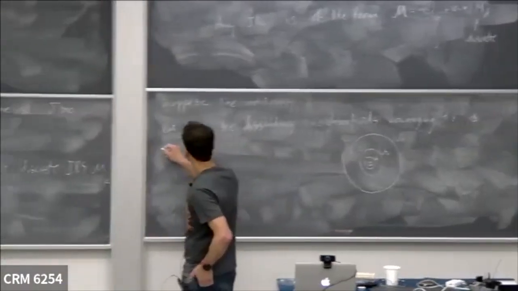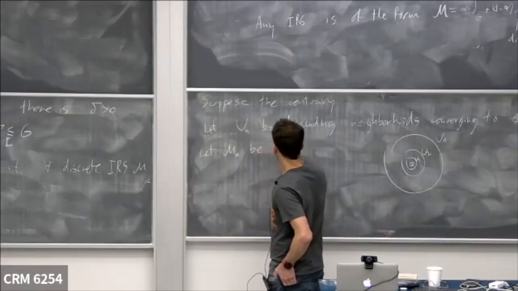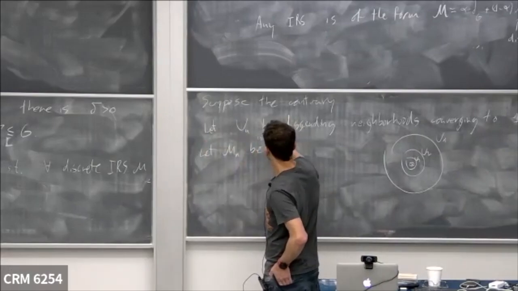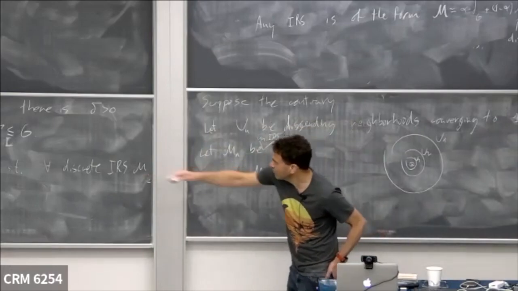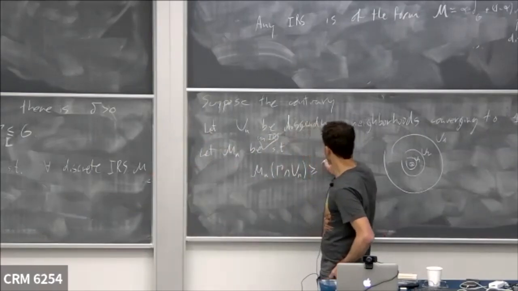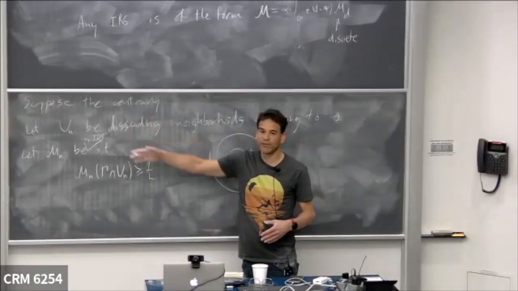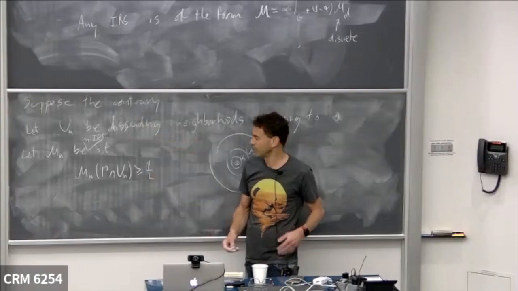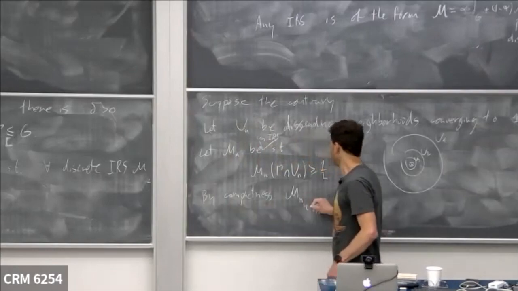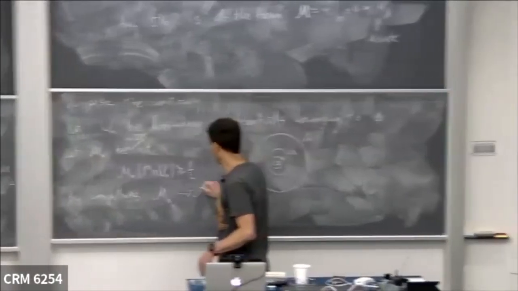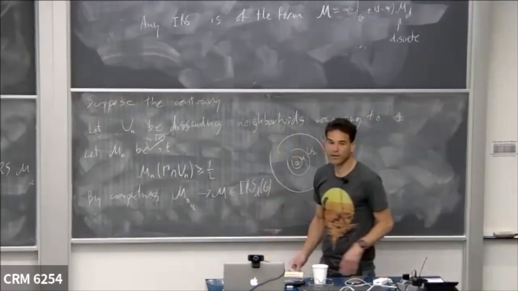Assuming the contrary, let mu_n be an IRS such that mu_n of the subgroups intersecting U_n non-trivially is at least half. This is the counterexample to the statement that we want to prove with respect to U_n. By compactness, mu_n converges to mu, a discrete IRS.